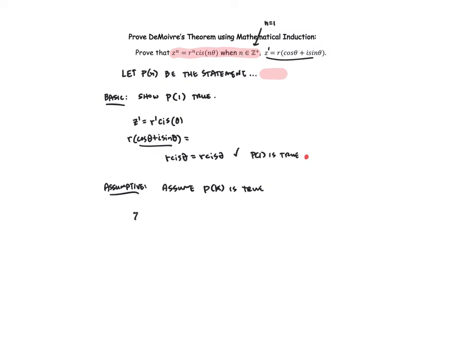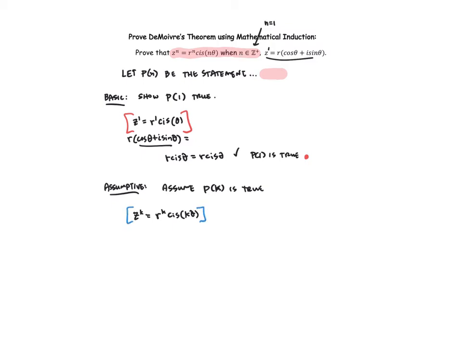That just means that z to the k power is equal to r to the k cis k theta. So I'm substituting in a k everywhere I see an n in my original statement, and I can now assume that that's true. Since I've made a foundational find here, so to speak, with n equals 1, I can generalize it in terms of n equals k.